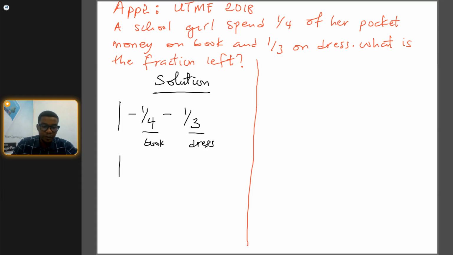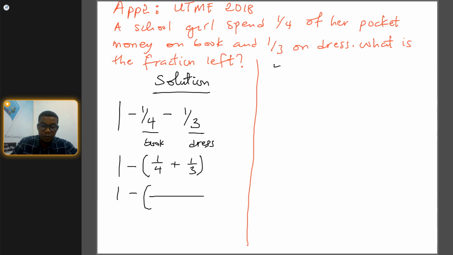We have 1 minus, I can have this in brackets, so I will solve them first. That will be 1/4. Then because I factorized minus outside, I'll be having plus inside here, 1/3, close the brackets. Let's consider the bracket first. What is the LCM of 4 and 3?